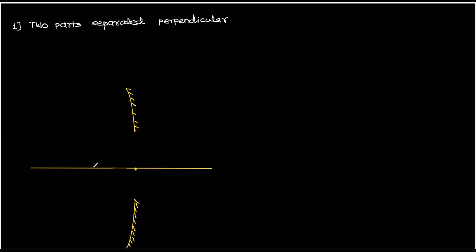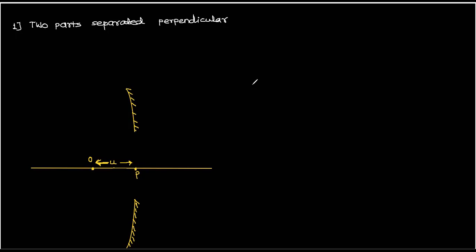Obviously the object is here. Object is here only. And this distance is how much? U. What is the distance? U. From this pole to O, that is your object.